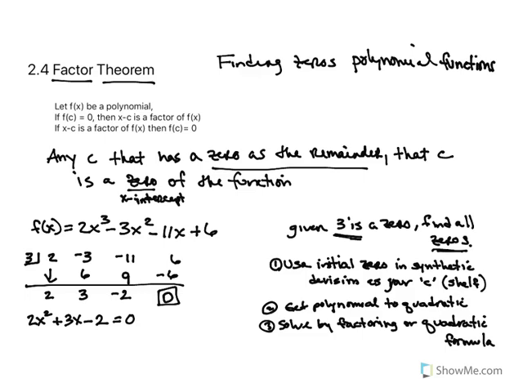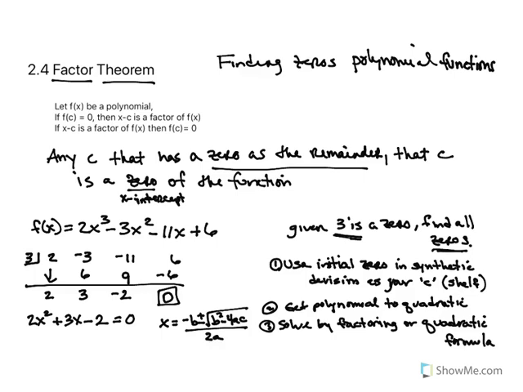So the quadratic formula: x equals -b over, no, that's vertex. x equals -b plus or minus the square root of b squared minus 4ac, all over 2a.